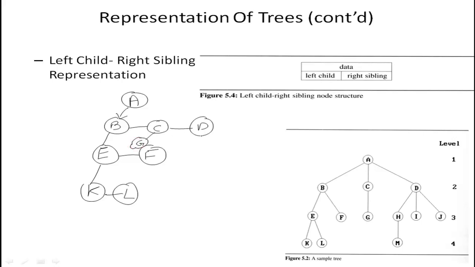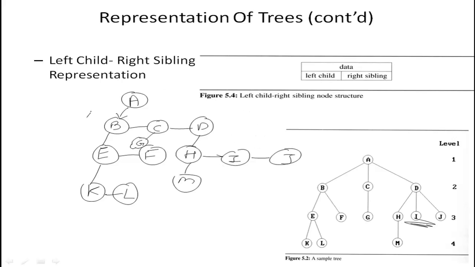Then I come over here. D has three children, but I write the leftmost child here, which is H. H has siblings which are I and J. H has one child which is M. So it is to be drawn something like this.